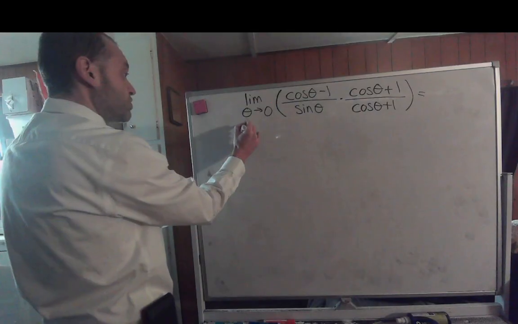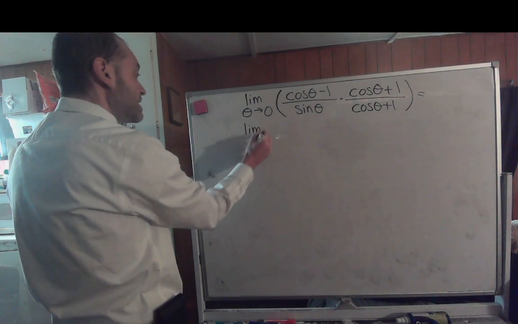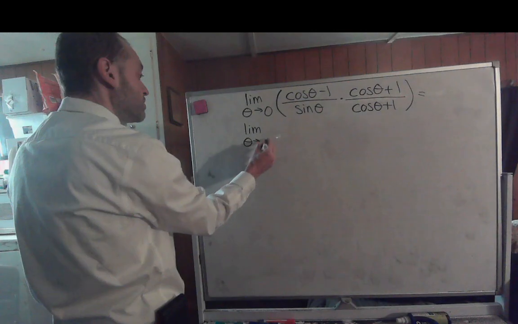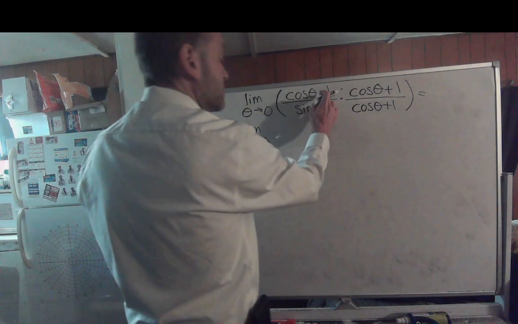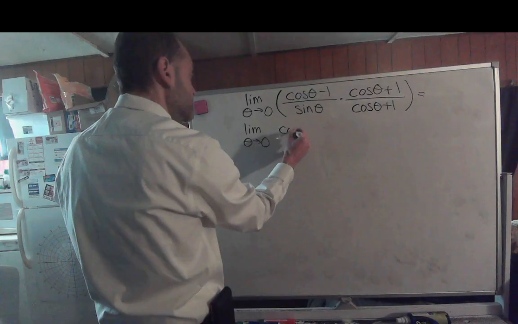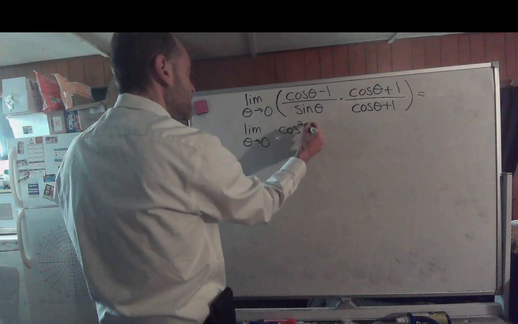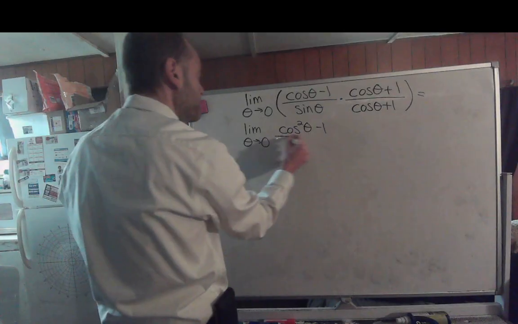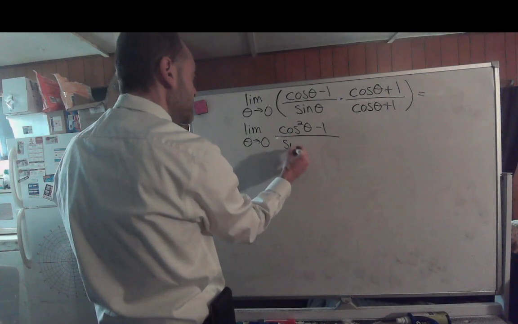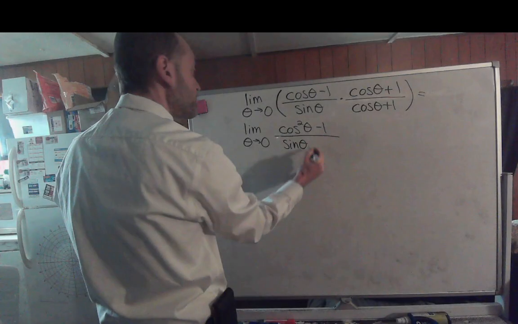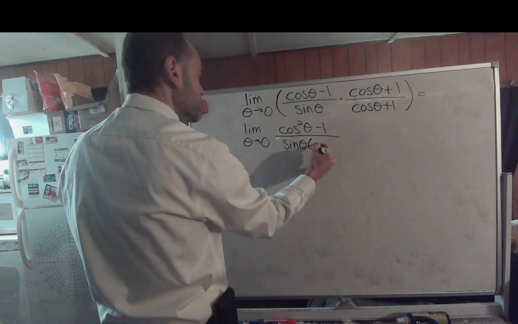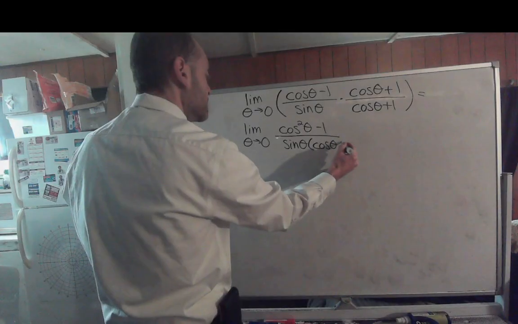And now what you're going to get is the limit as theta approaches 0 of the numerator being cosine squared of theta minus 1, all over the sine of theta times the cosine of theta plus 1.